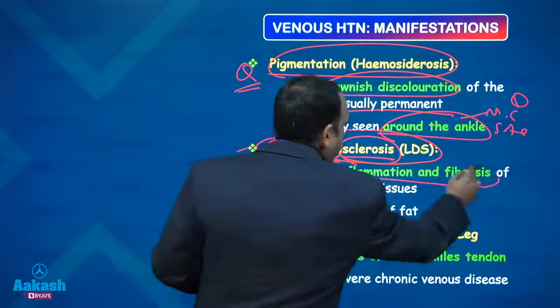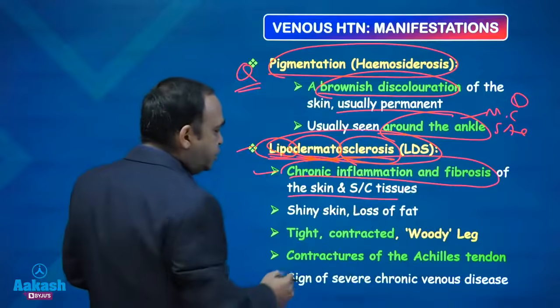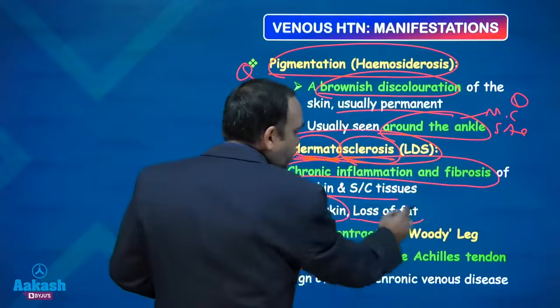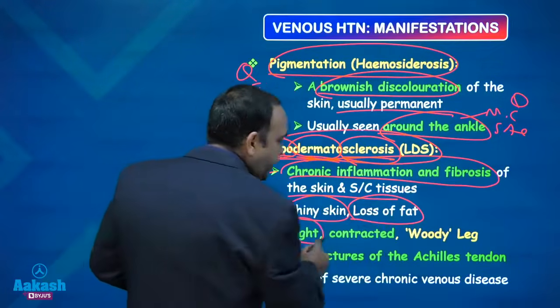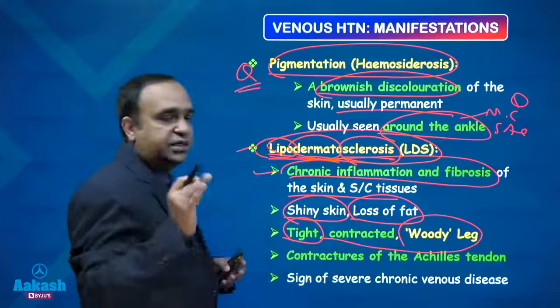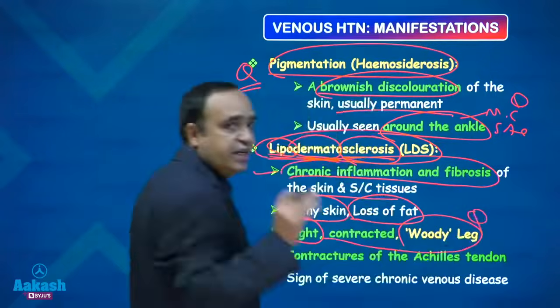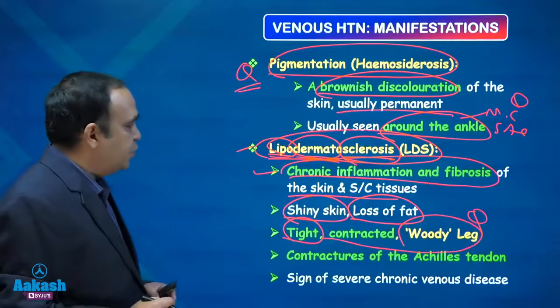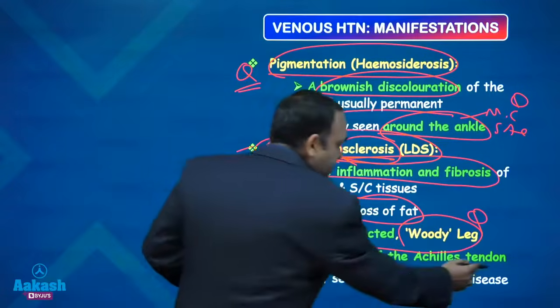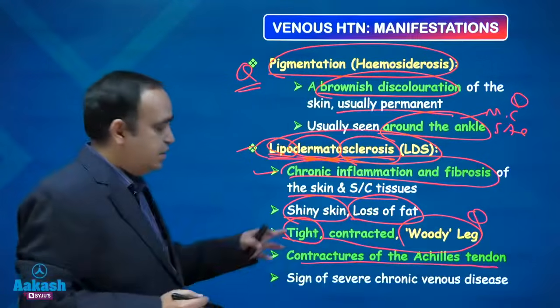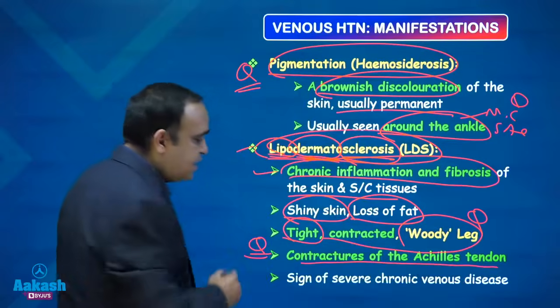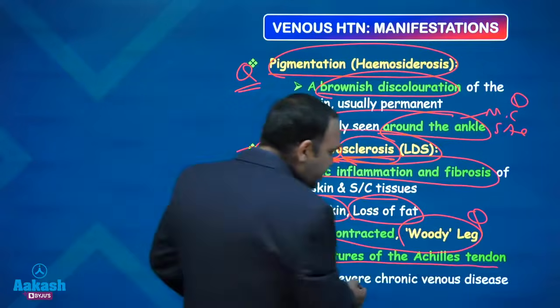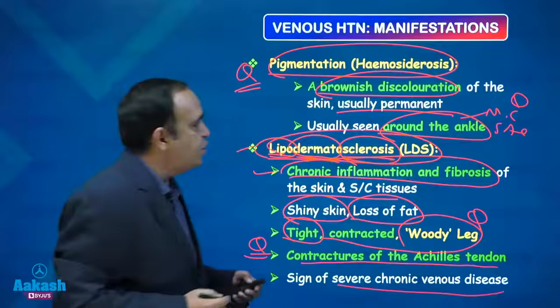So chronic inflammation and fibrosis of skin and the subcutaneous tissue. Skin becomes shiny, loss of fat, tight contracted woody leg. So another question here, woody leg is the term used for lipodermatosclerosis. Achilles tendon is short and contracted. This again has been asked previously, right? And it's a sign of severe chronic venous disease.